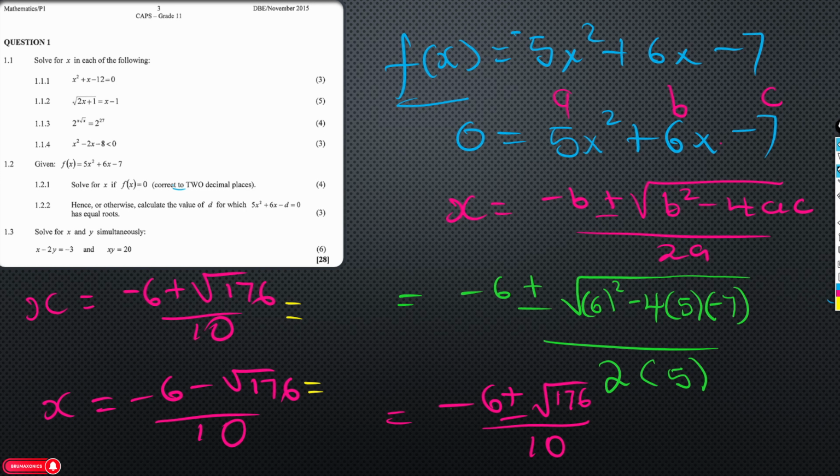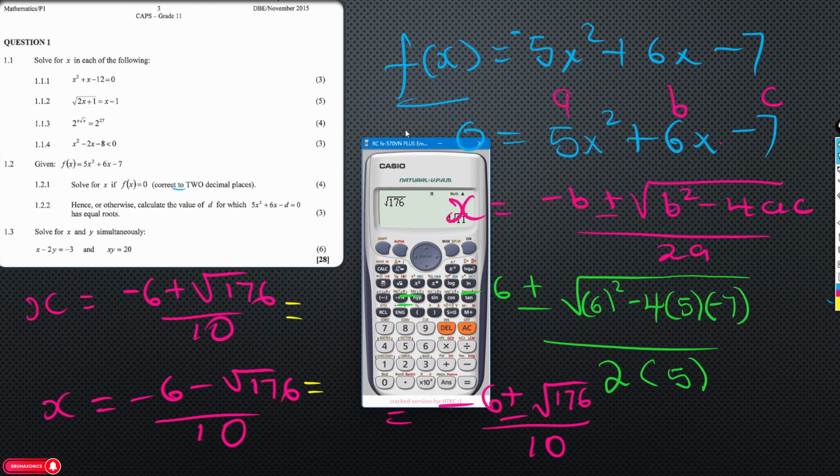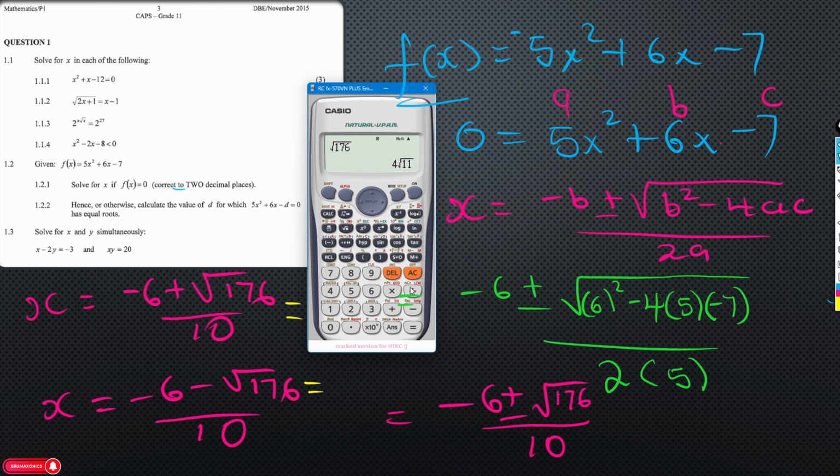I will take my calculator just to finalize that: minus 6, then plus the square root of the given, all over 10, and then I'm going to get it like this.